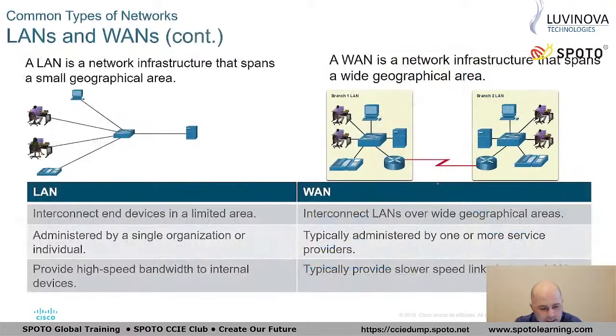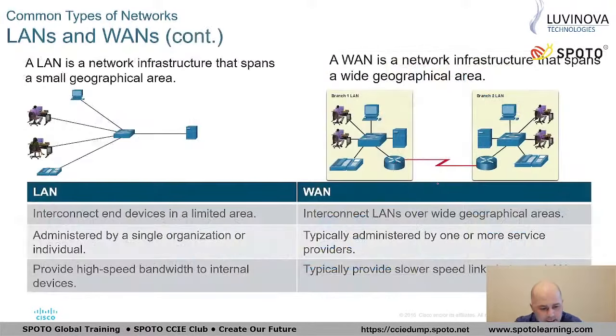So what does a LAN do? A LAN interconnects end devices. Every single computer inside the LAN, every single server, every single switch, every single router, it connects all end users, all computers together. It is administered by a single organization or individual.